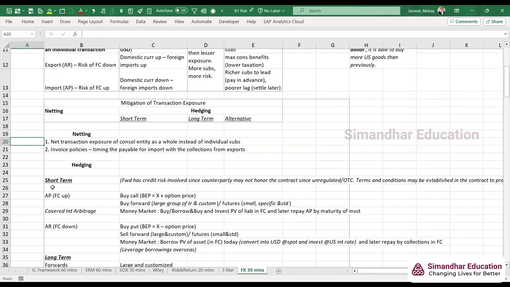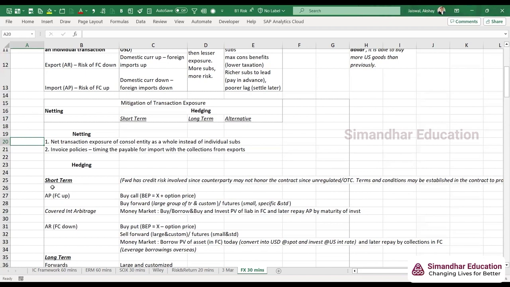Let's take an example. Let's say I am supposed to get 1 million yen from Rakuten, a customer in Japan. Now I have another Japanese company, let's say Okinawa, who is our supplier.